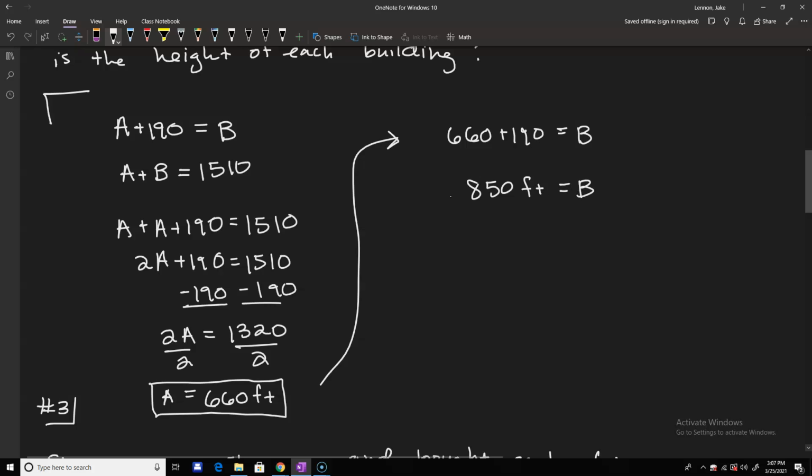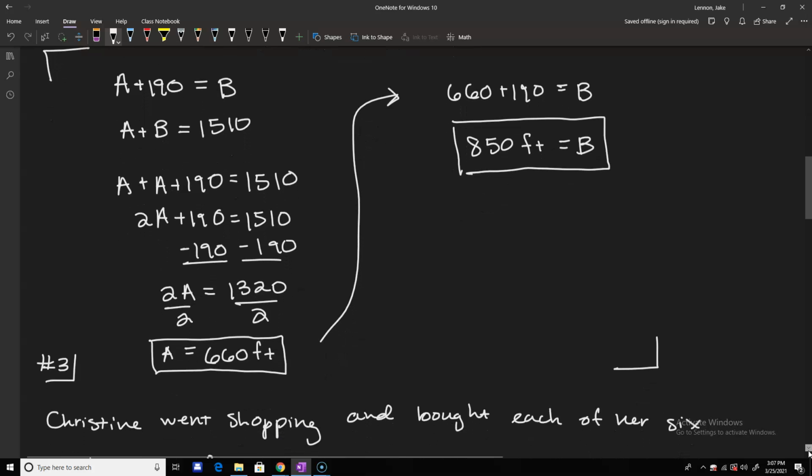That's the height of building B. And you can check, add them together, those do come out to 1,510.